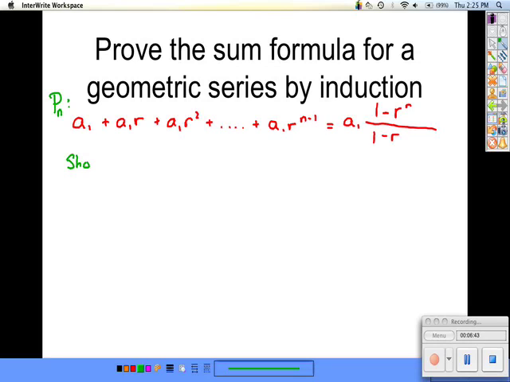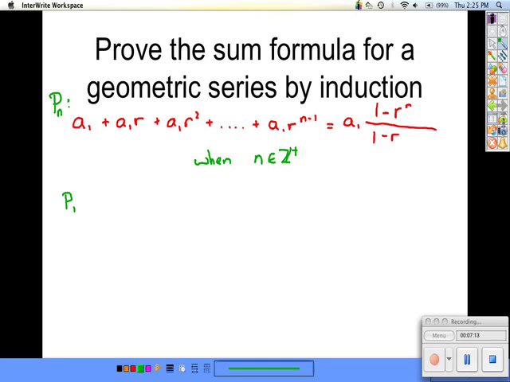This property is true when n is an element of the positive integers. And that does make a difference. So the smallest positive integer is 1. So we're going to show P sub 1 is true.